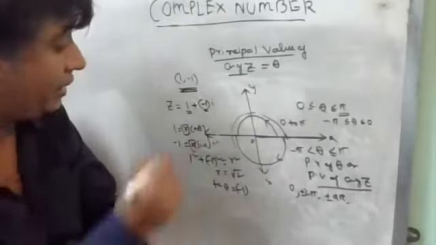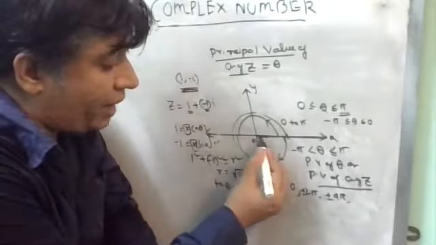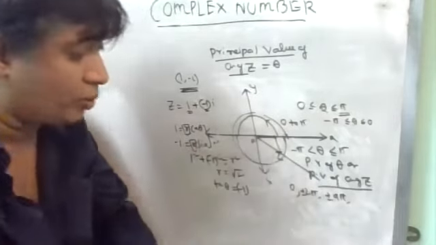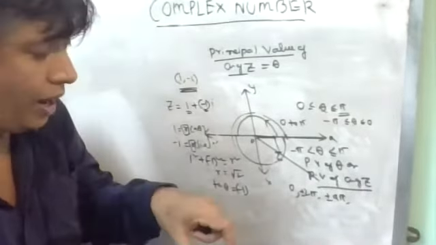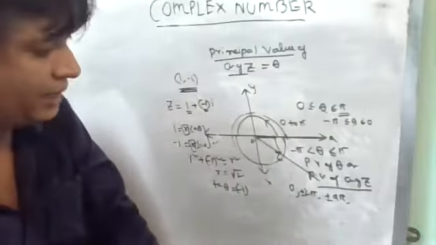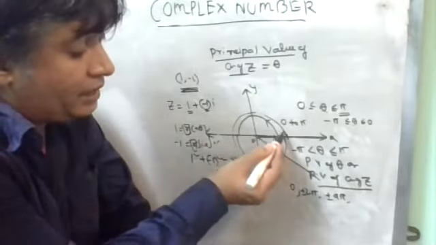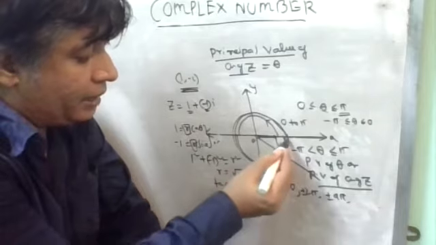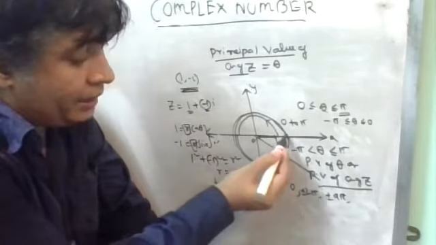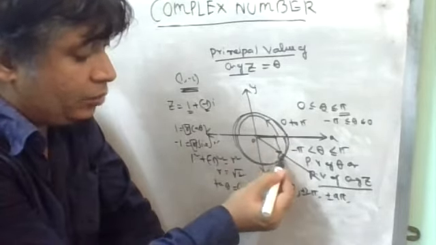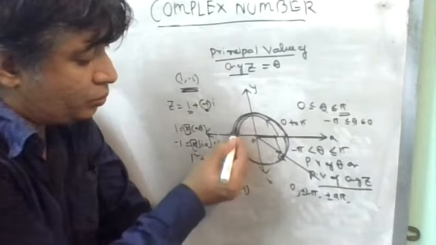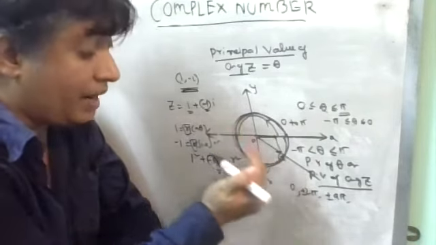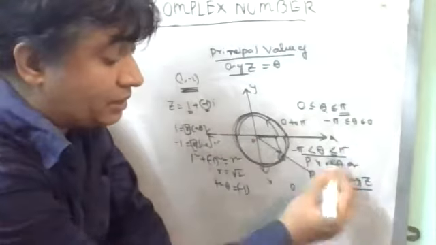Now examine where (1, minus 1) lies. It lies in the fourth quadrant. So in what manner will you take the argument of z? If you take anticlockwise rotation, it means 2 pi minus theta. You can take this angle, but see, it crosses that limit.